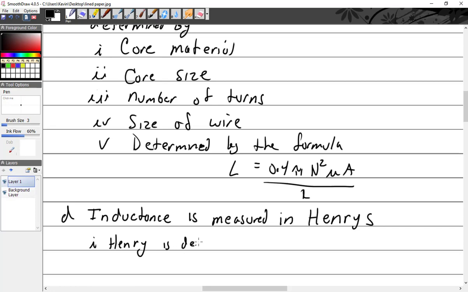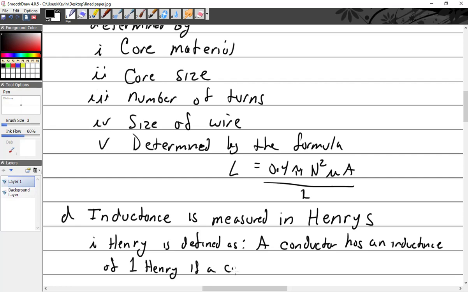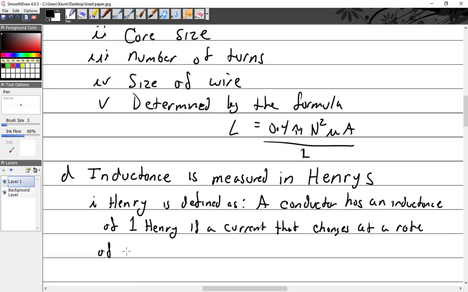Henry is defined as follows: a conductor has an inductance of 1 Henry if a current that changes at a rate of 1 amp per second produces a CEMF of 1 volt.